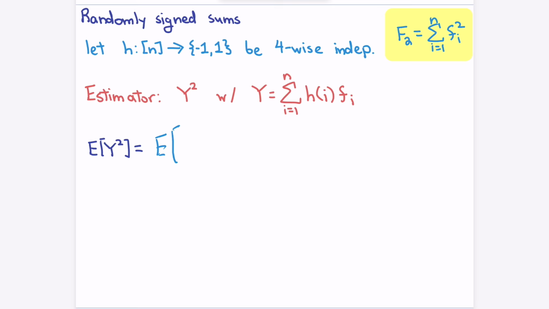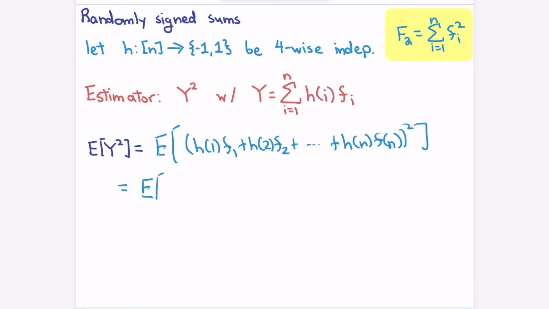We're going to be summing up h1 f1 plus h2 f2 plus ... hn fn, and all that's going to be squared. As we previously discussed, if I just took all the f's and summed them and squared them, I would get all those squares that I wanted plus those cross terms. So let's see what this does to the cross terms. I'll put it inside. We'll take linear expectation in a moment.